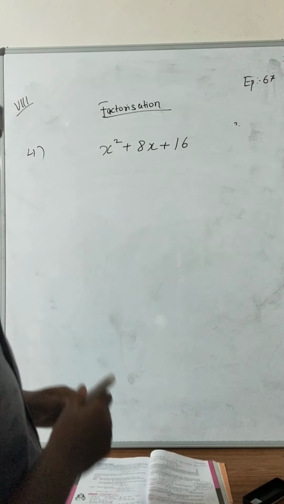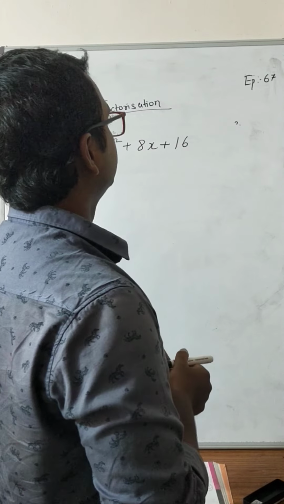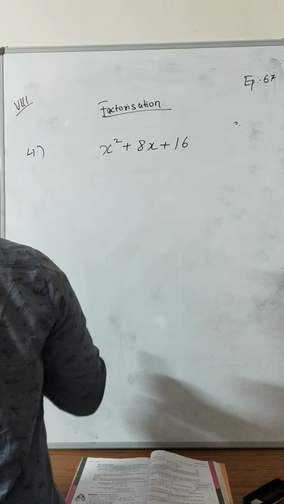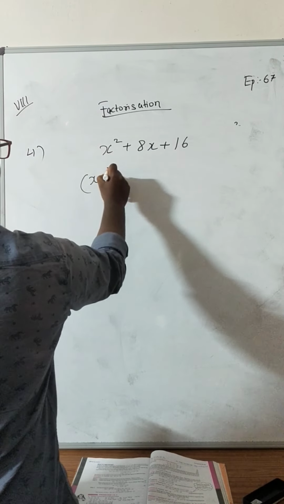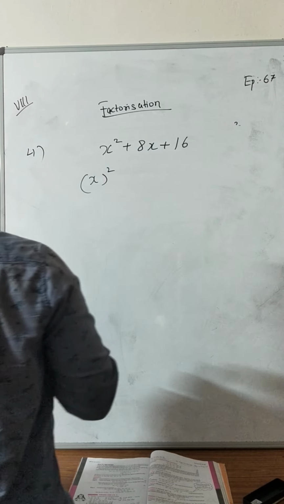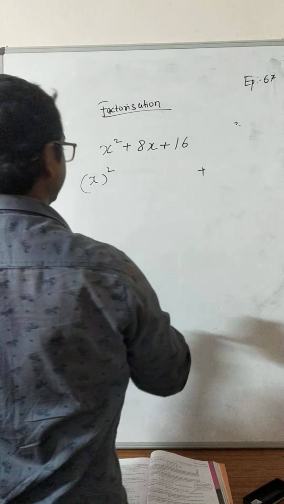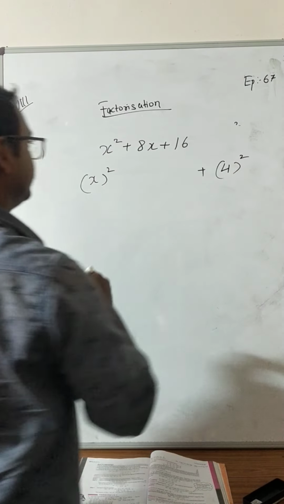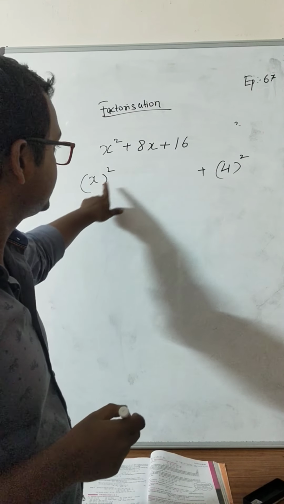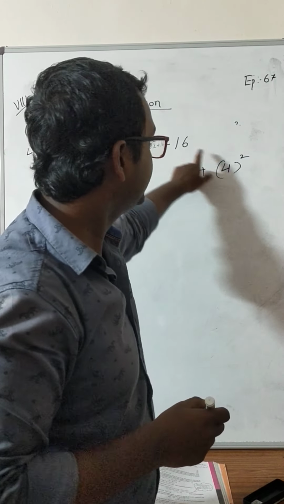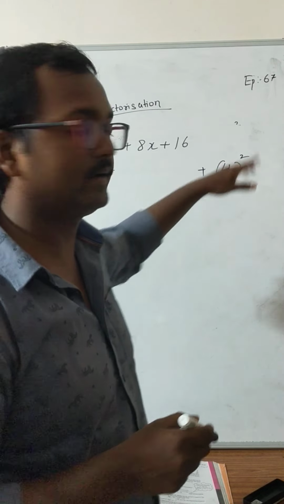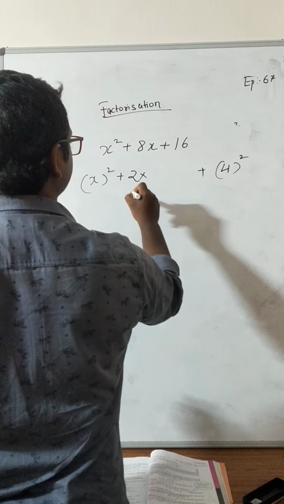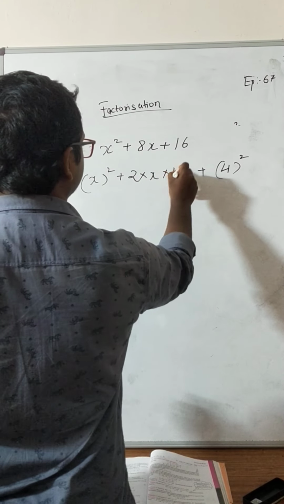Now, x square can be written as x whole square, and 16 can be written as 4 square. Then 8x can be written as 2 into x into 4.